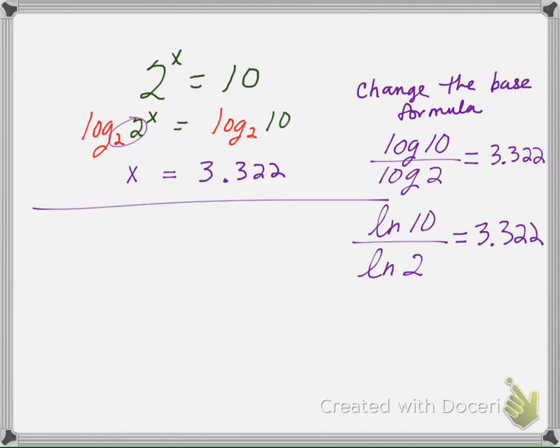All right, let's try another problem. Let's do 4 to the x minus 7 power is equal to 75.